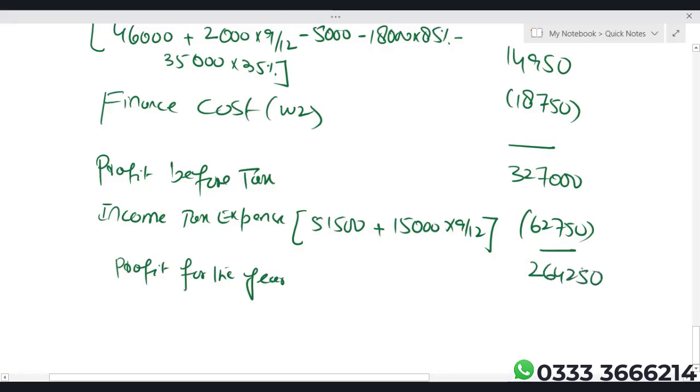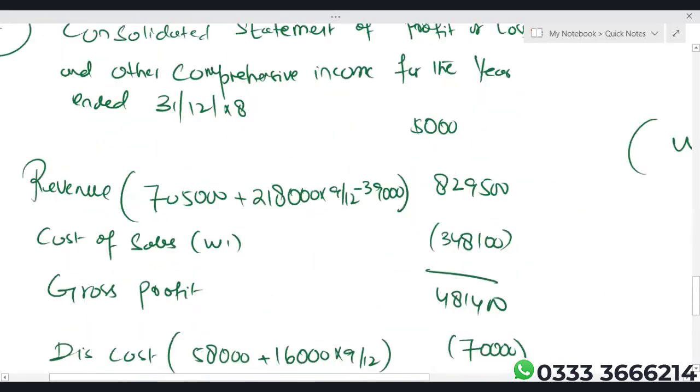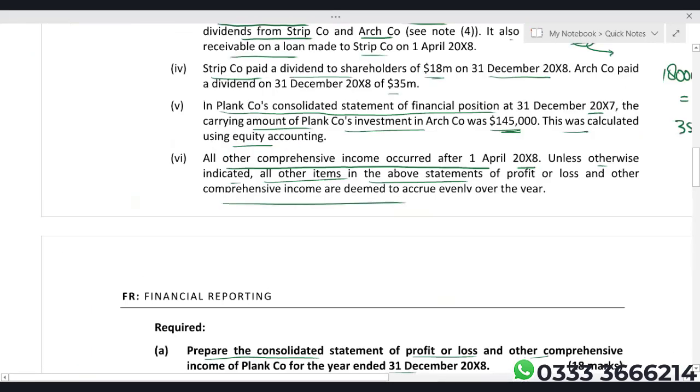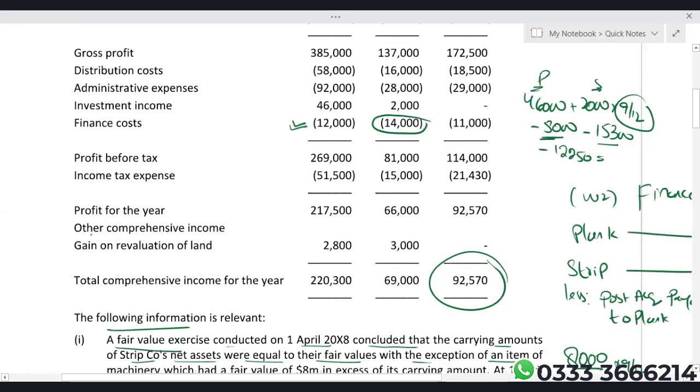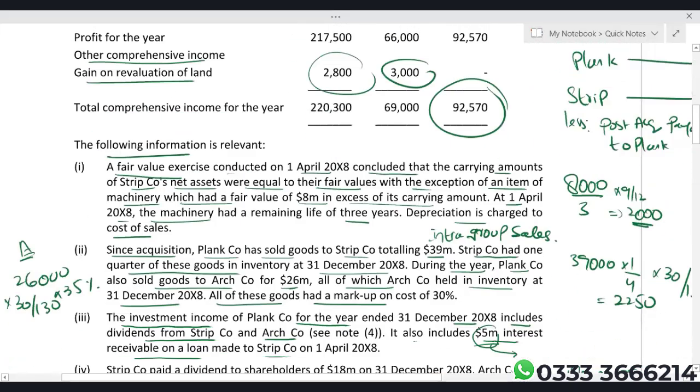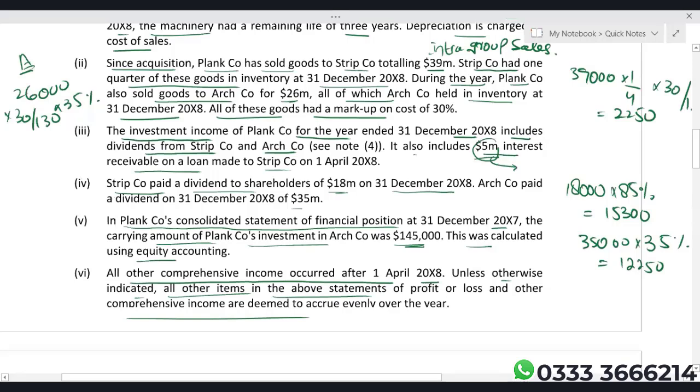2,64,250. Now, if you have revaluation surplus, that revaluation surplus will be shown after PAT in other comprehensive income. Other comprehensive income, gain on revaluation of land: parent is having 2,800 and the subsidiary is having 3,000. Let's read regarding this gain on revaluation. All other comprehensive income, OCI, occurred after 1st April.